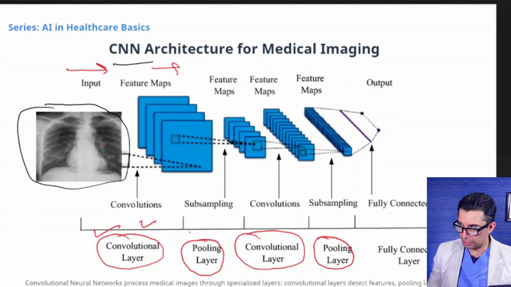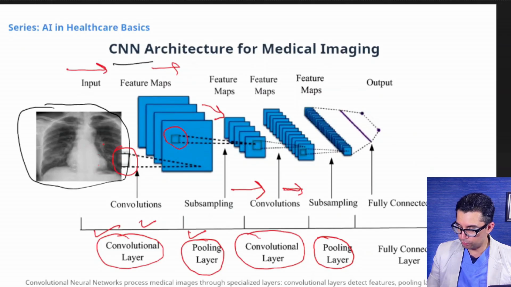Then the pooling layers right over here, they reduce the image size. You can see here, they are actually reducing the image size, but they look to preserve the diagnostic information that is contained. Now you can see, I'm going to talk about these boxes over here. But just keep in mind that pooling layers look to reduce the image size while preserving important diagnostic information.